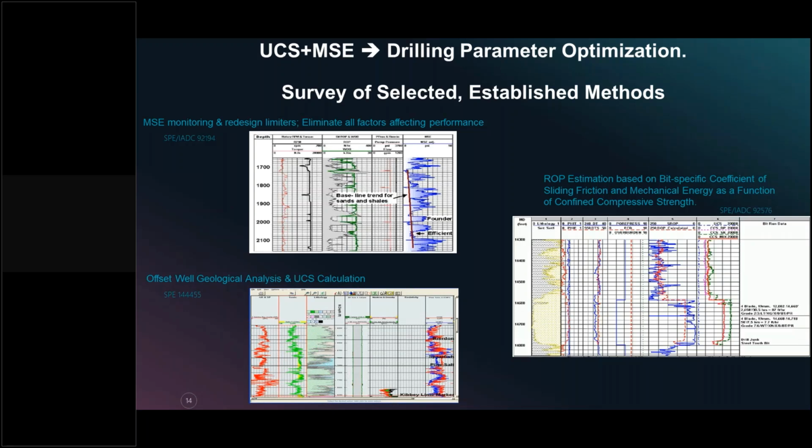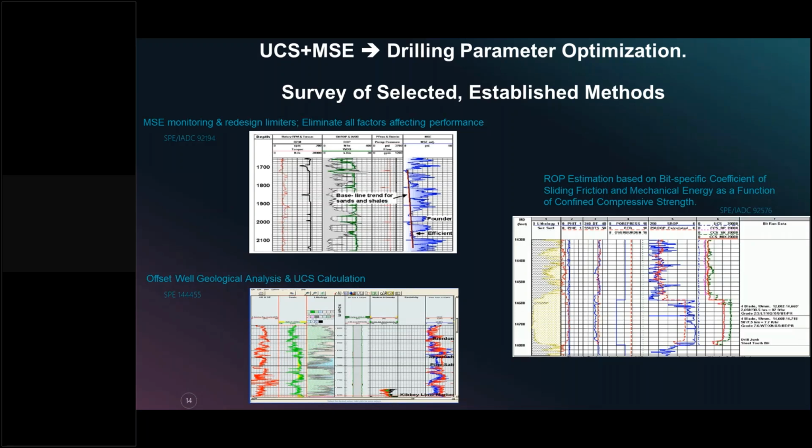There are schools of thought around how you design and optimize limiters and reduce limits along the way to get optimal performance. There are papers around how you look at compressive strength and ROP optimization. There's a well-known body of work in these areas.